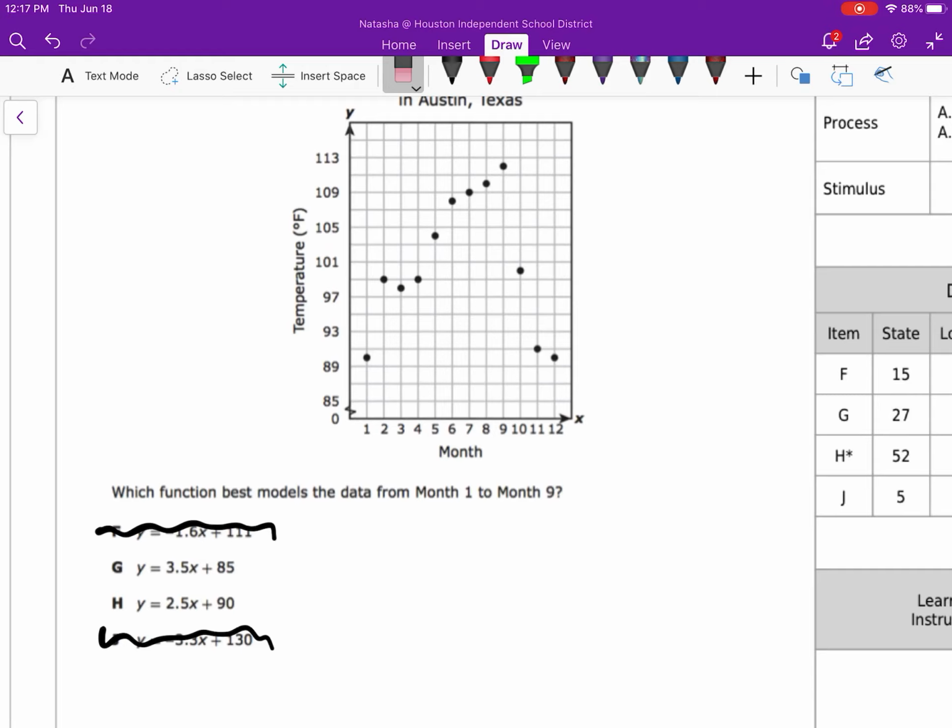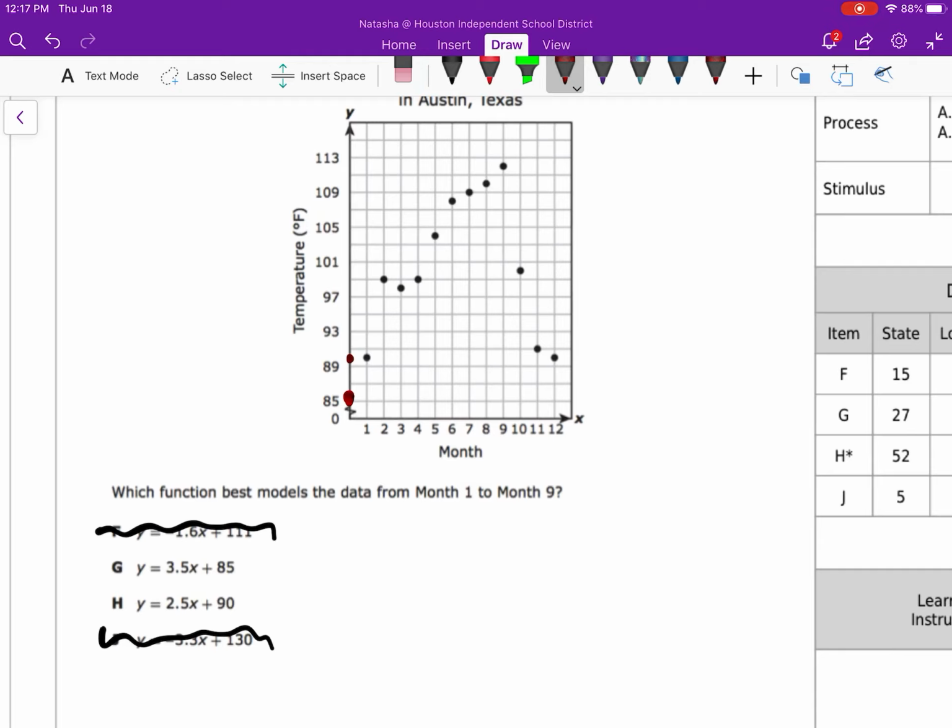So now let's actually graph those lines on this. If I have a y-intercept of 90, that's going to be right about there. 85 would be down here. And then I had a slope of 2.5.